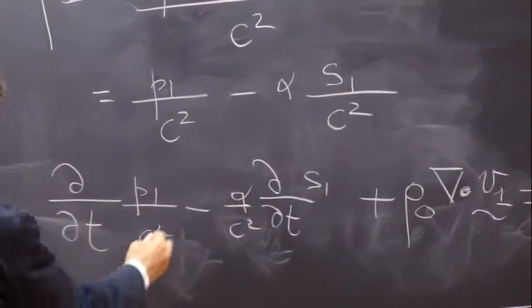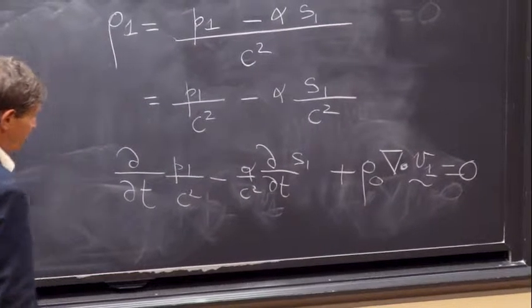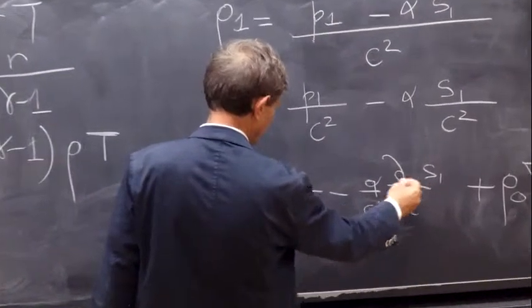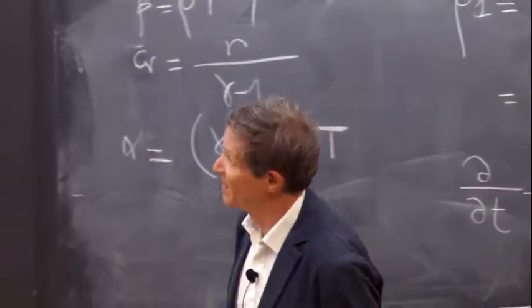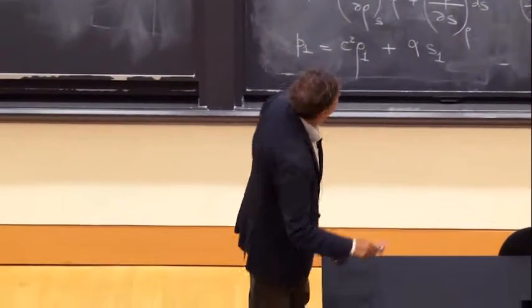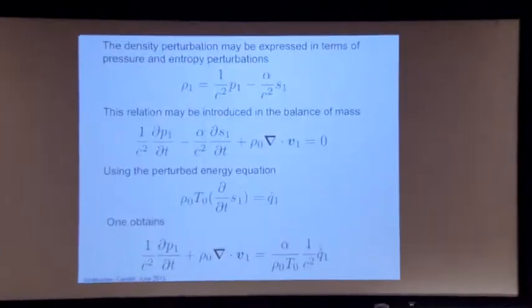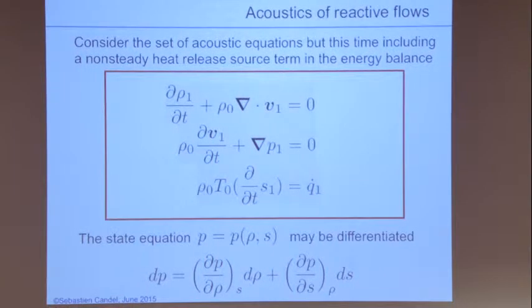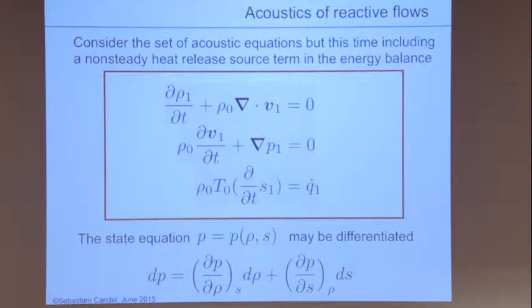So this is the new balance of mass, and you see that d by dt of S1 comes in here, but d by dt of S1 is known. We knew that value from before. The d by dt of S1 is Q dot 1 divided by rho 0 T0, evaluated at rho 0 T0.